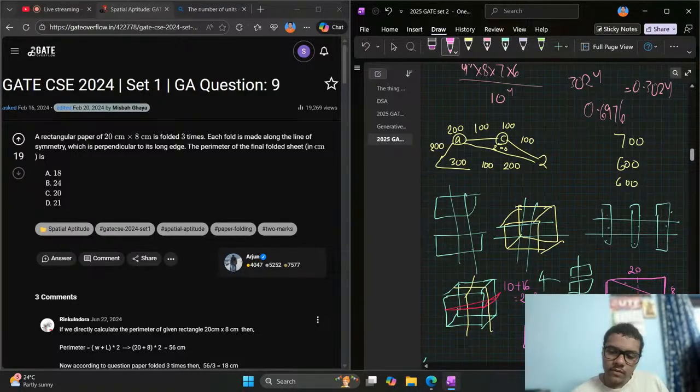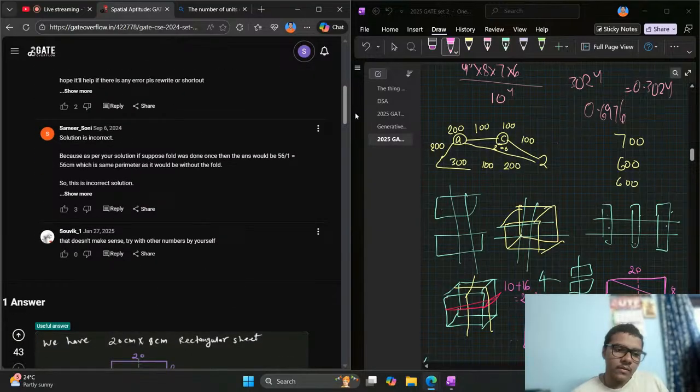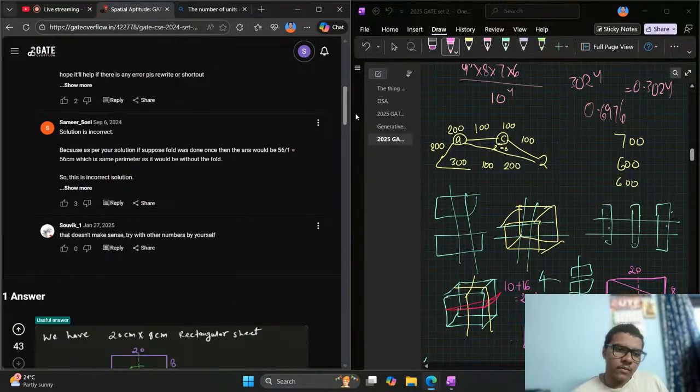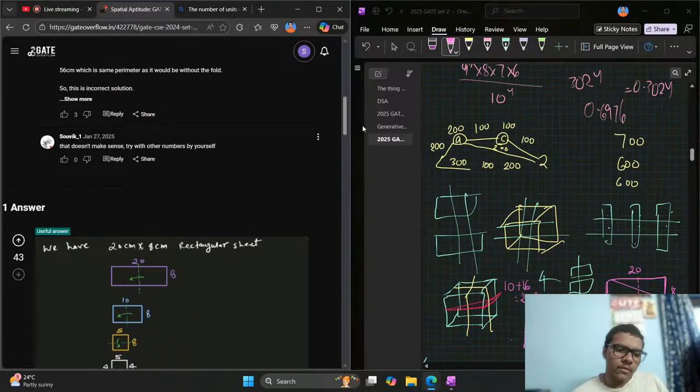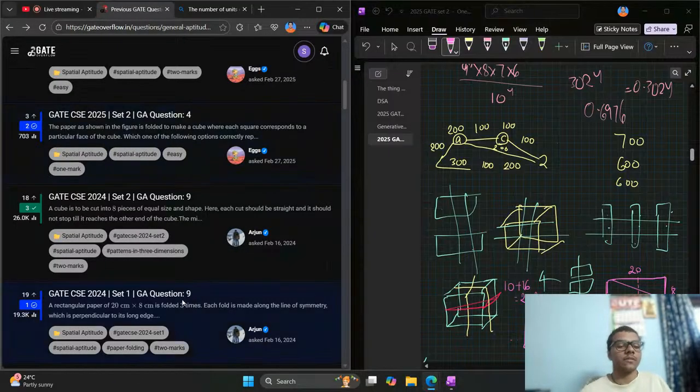Oh wait, it is folded once, it is folded twice. It needed to be folded 3 times, dude. So now it will be 5 times 4. 18 is your answer. 18, yeah. Okay. At least we comprehended the question right.